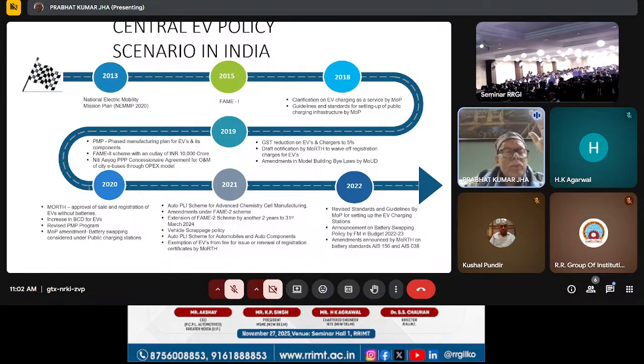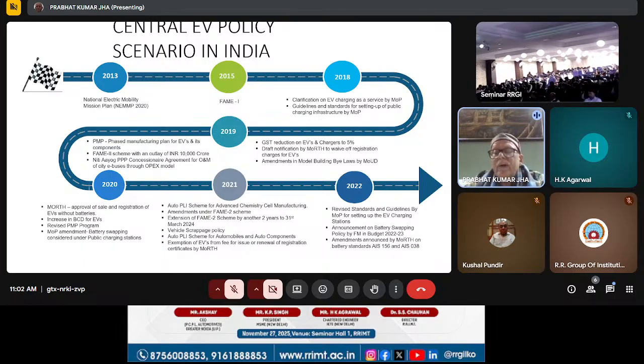So then come to 2020, and that is the revised PMP program, the MOP amendment, battery swapping considered under public charging stations. Then you will go to 2021, accordingly the FAME 2 scheme, extension of FAME 2 scheme by another 2 years to 31st March 2024, and then gradually revised in 2022.